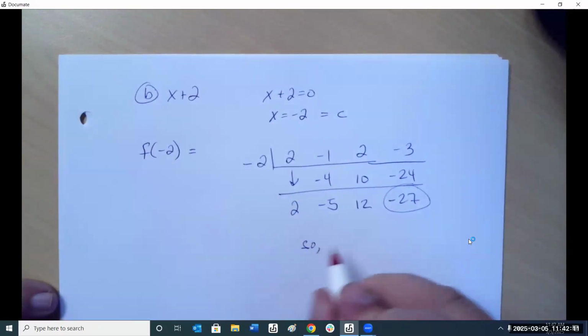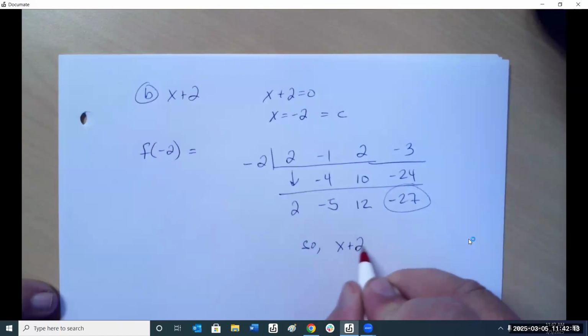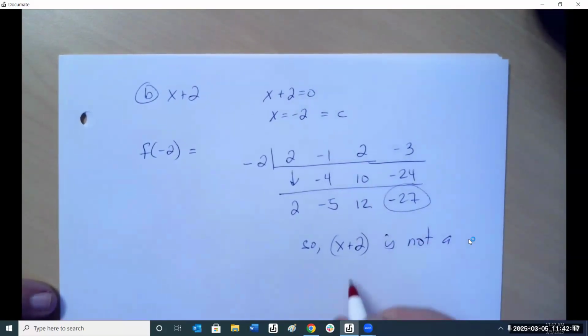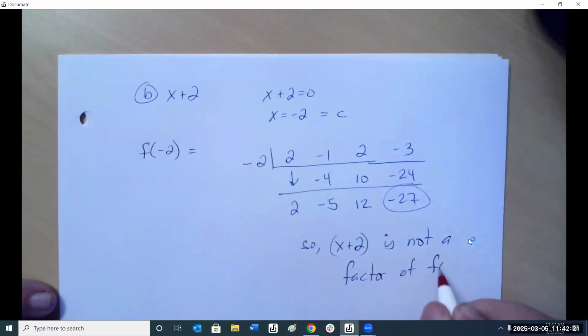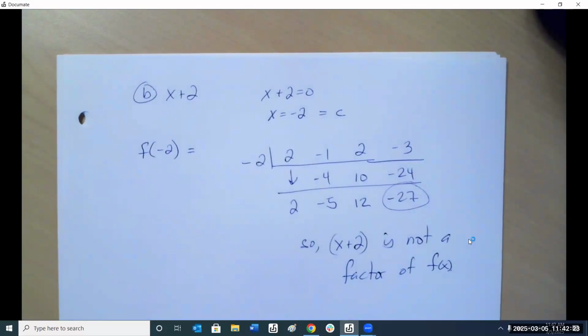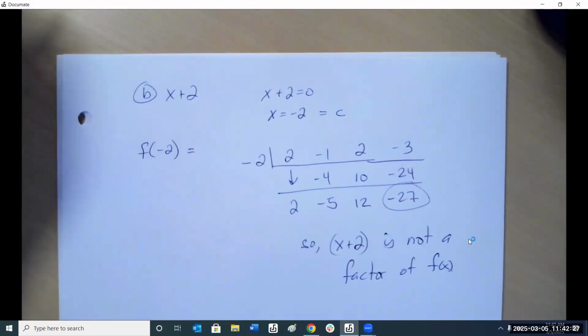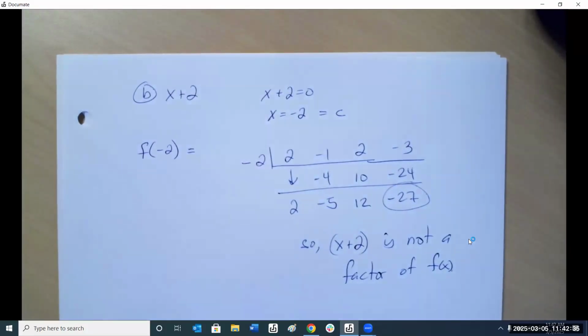So x plus 2 is not a factor of f of x. Yep, that's all I was asking. It says just find whether the function has a factor of those. It's either yes or no. So far so good?